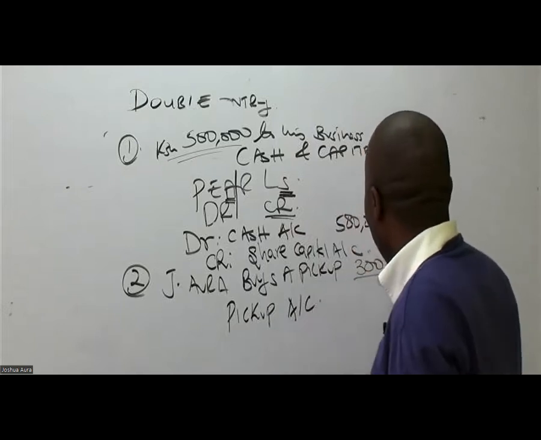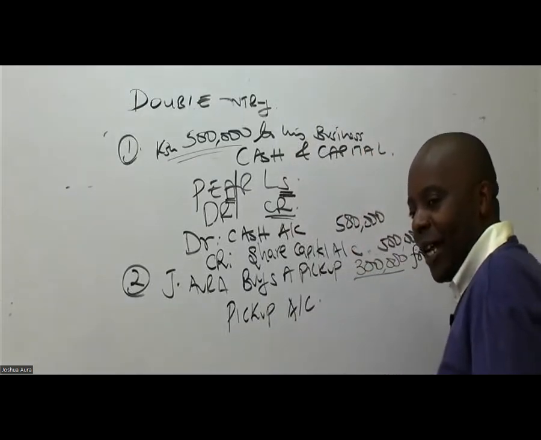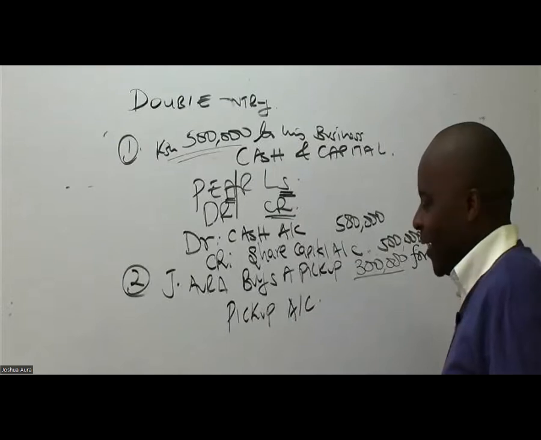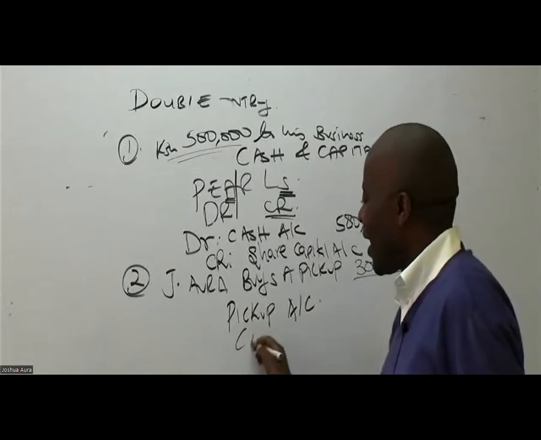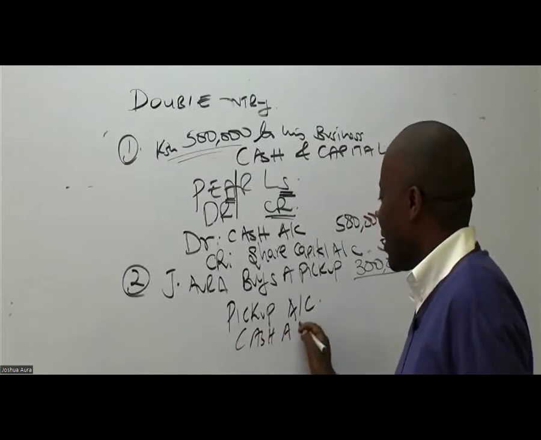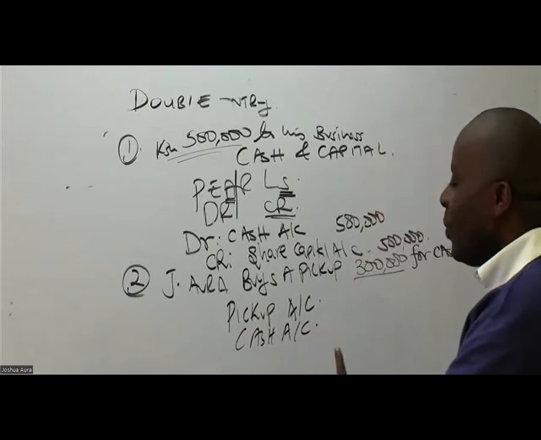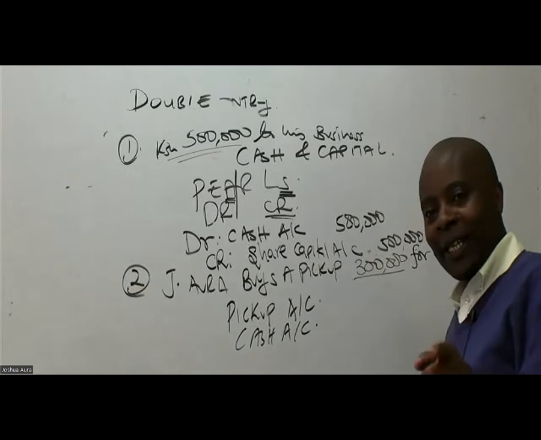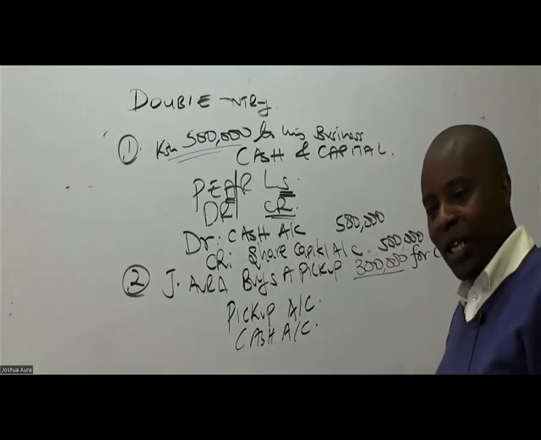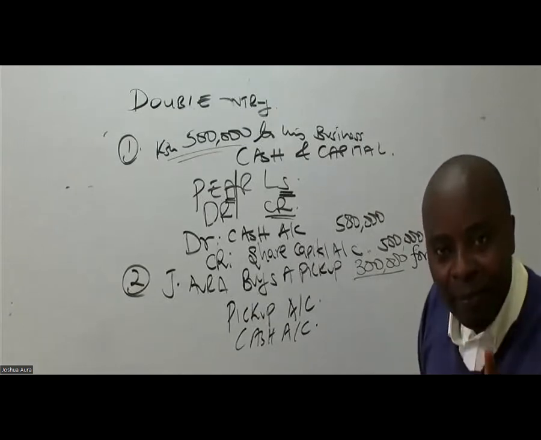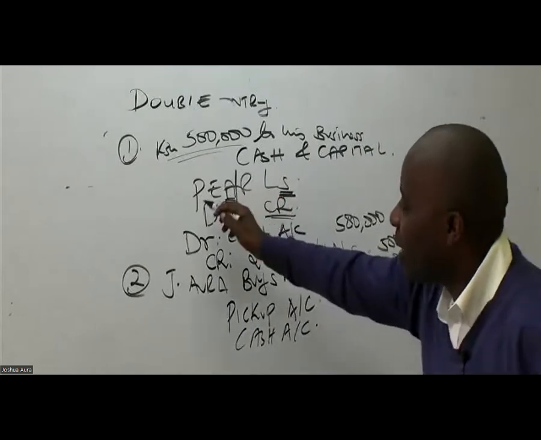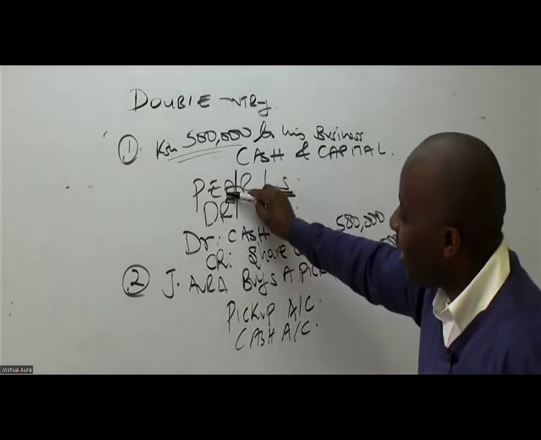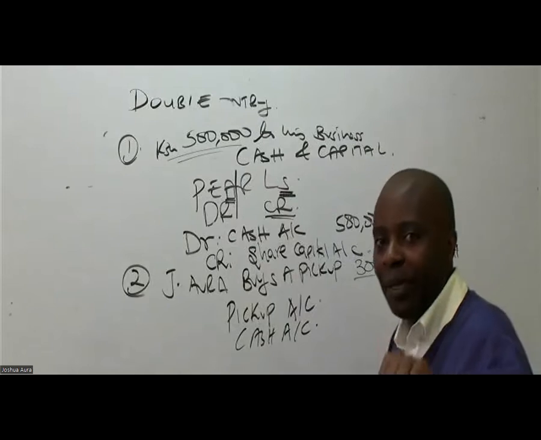And then of course, because cash has been given away, the cash account must be affected. Now, once I've come up with the two accounts that will be applicable for double entry purposes, I'll remember my general rule that whenever assets increase, you debit.